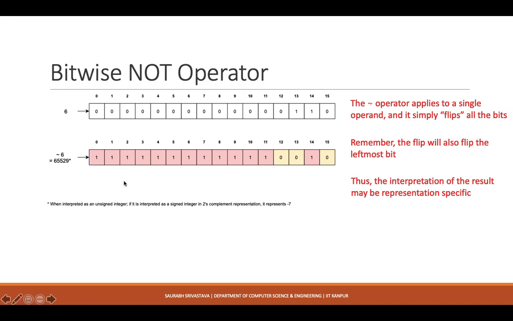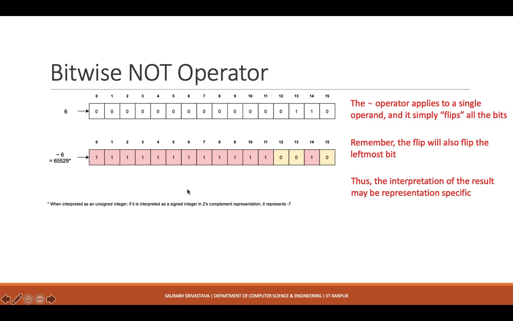So for example, if I assume that these 2 bytes are representing an unsigned integer, then making a NOT of 6 is going to give you the output as 65,529.